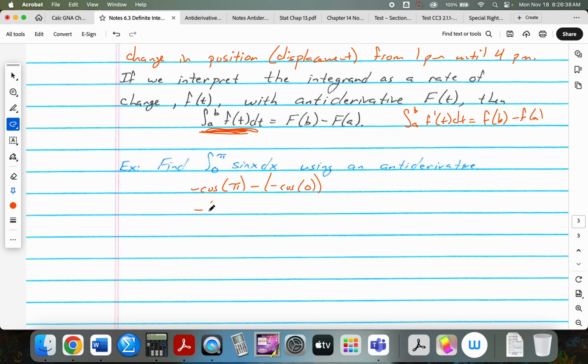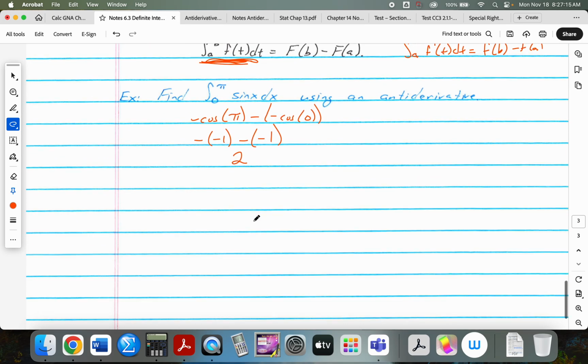So this is going to be the opposite of cosine at pi, which is -1, exactly. Minus the opposite of what's cosine at 0? 1. Hey, look, that's 2. Which is the fact we used in a previous lesson where I said, given that this is 2, well, now you can find that it's 2 all on your own. Okay? Questions? Okay.